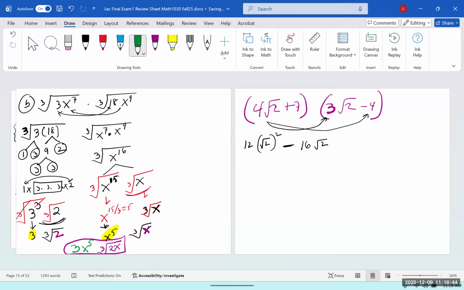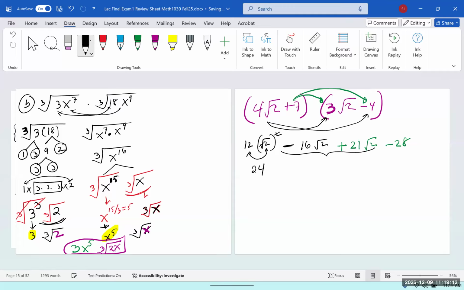Then you go the other way around. 7 times this is plus 7 times 3 is 21, and then root 2. And lastly, 7 and negative 4 is negative 28. So use FOIL to multiply and then you simplify. The radical and the power cancel out. So you get 12 times 2, which is 24.